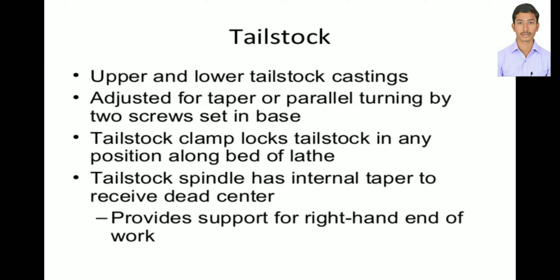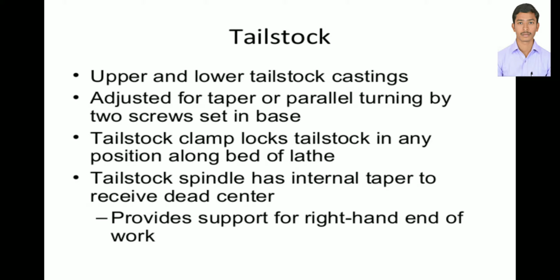And what is the tailstock? The tailstock consists of upper and lower tailstock castings. It is adjusted for taper or parallel turning by two screws set in the base. Just like the headstock spindle center, a tailstock spindle is also placed on the lathe machine.